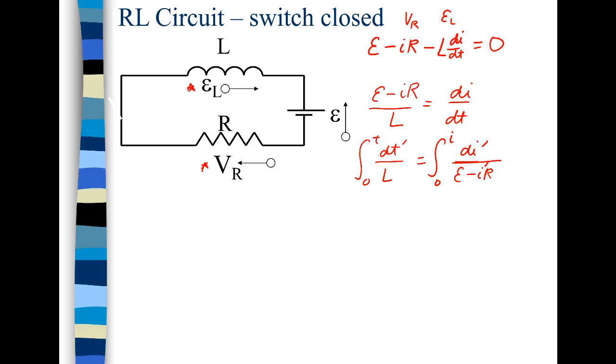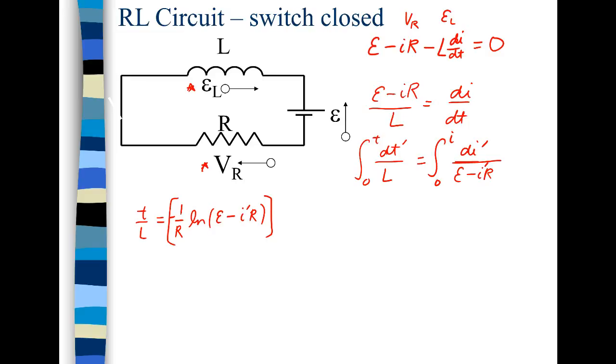Okay, so the dt prime over L will just integrate out to give us t over L. And di over E minus IR is going to be the natural log of E minus IR. But we're going to need to put a constant in there to make sure that when we then take the derivative of this, we get just E minus IR.